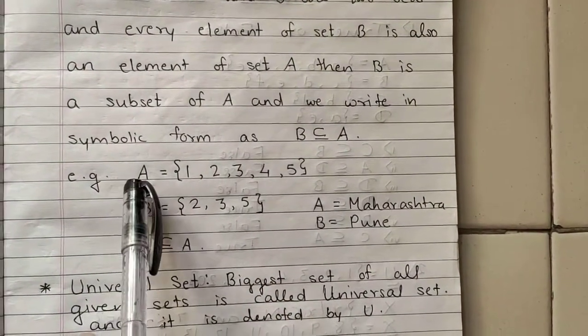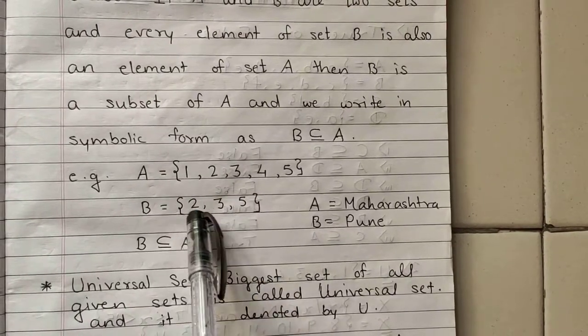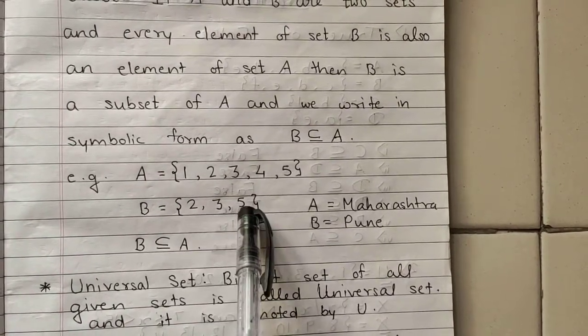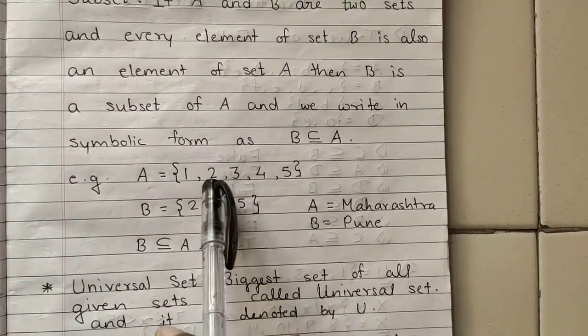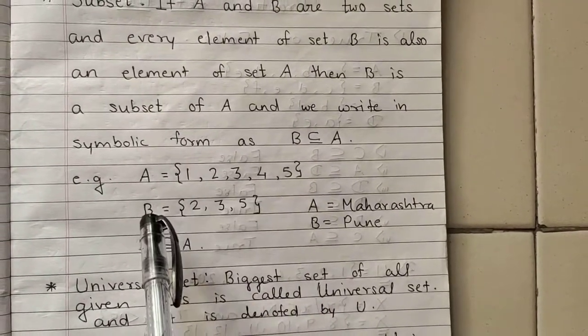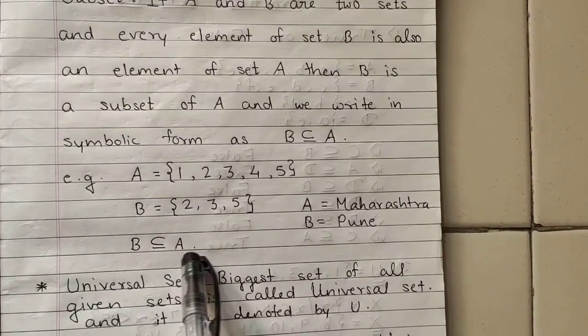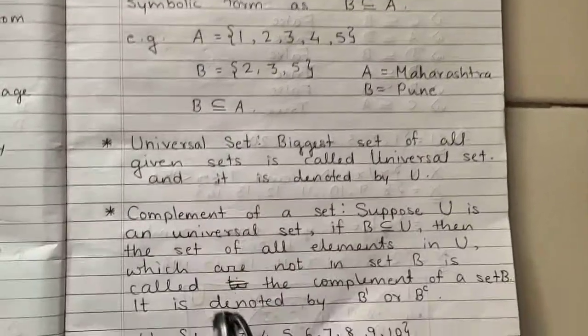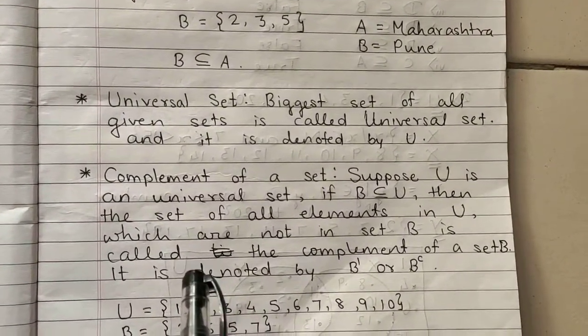Now see the example. In set A and set B, you can see set B is the smaller set and it contains all the elements which are there in set A. Yes or no? 2, 3, 5 is present in set A. That is why we call B subset of A, and we can write it like this: B subset of A. Then we have seen complement. See, for complement, remember what you have to do.